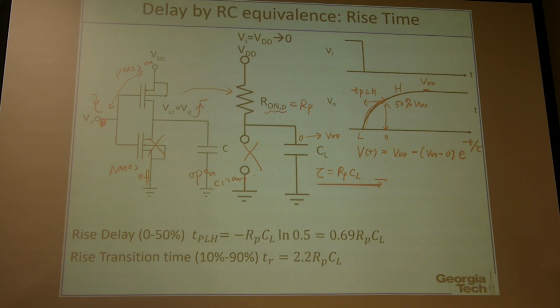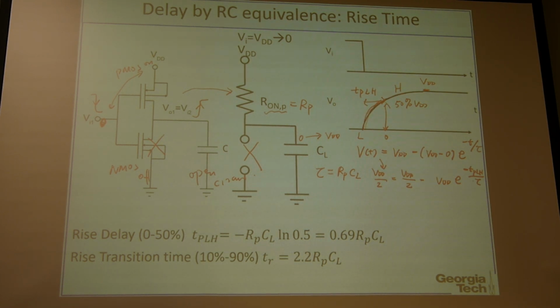So you just need to solve for when this voltage goes to half VDD. And what is the time? So this will be VDD, and this TPLH, because this is when the voltage goes to 50%, half VDD.